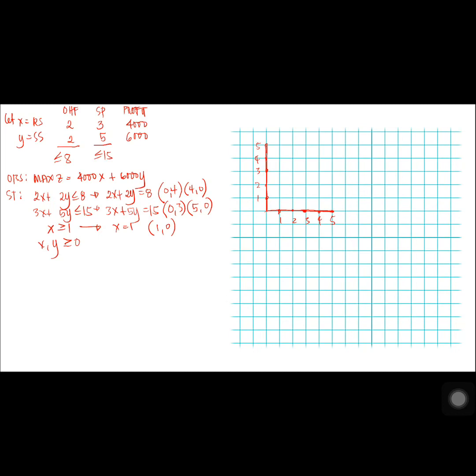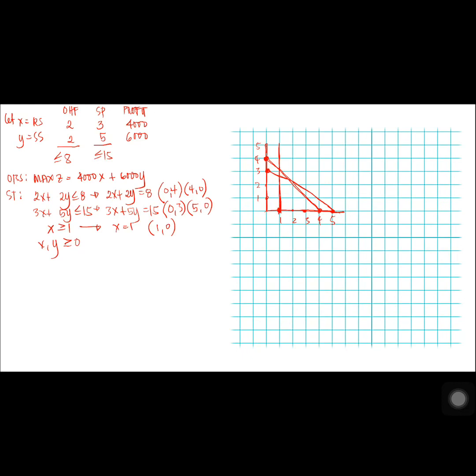For the first equation, we have 0, 4 and 4, 0, so this is our first line. Then for our second line, we have 3 and 5. This is our second line. Then the third one is 1, 0. It's here.